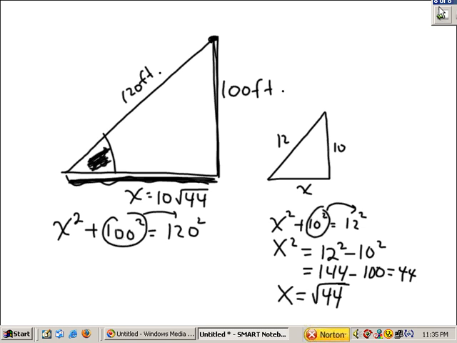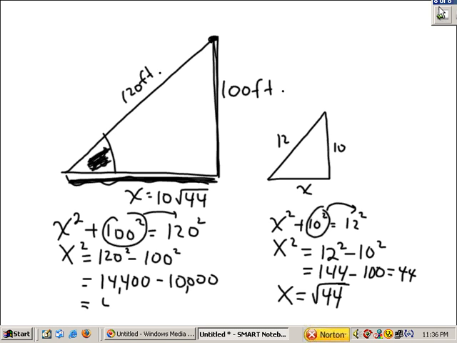Bring the 100 squared over. So x squared is 120 squared minus 100 squared. And you have to know what 120 squared is. It's 14400 minus 100 squared, which is 1 followed by 4 zeros. And when you subtract these, you get 4,400.